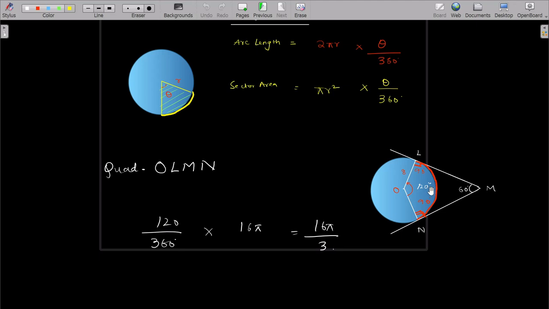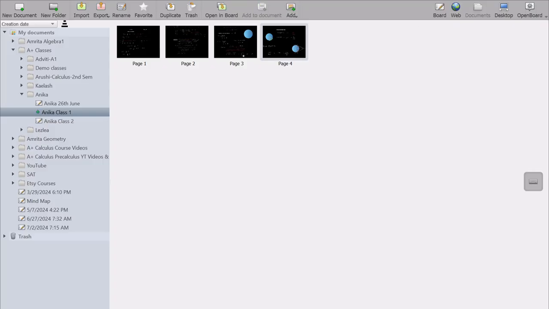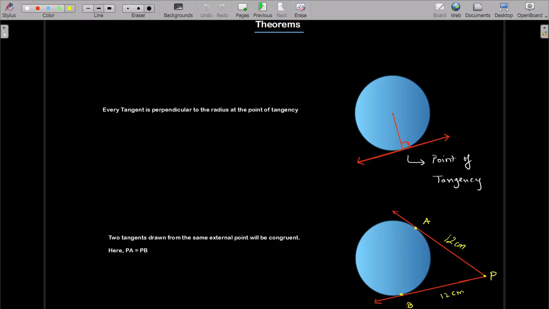I gave you this question and I told you that whenever you draw a tangent, it is perpendicular to the radius, and that's why we got this angle as 90 degrees and this angle as 90 degrees. You remember this? Yes. Okay, now I'll give you one question.